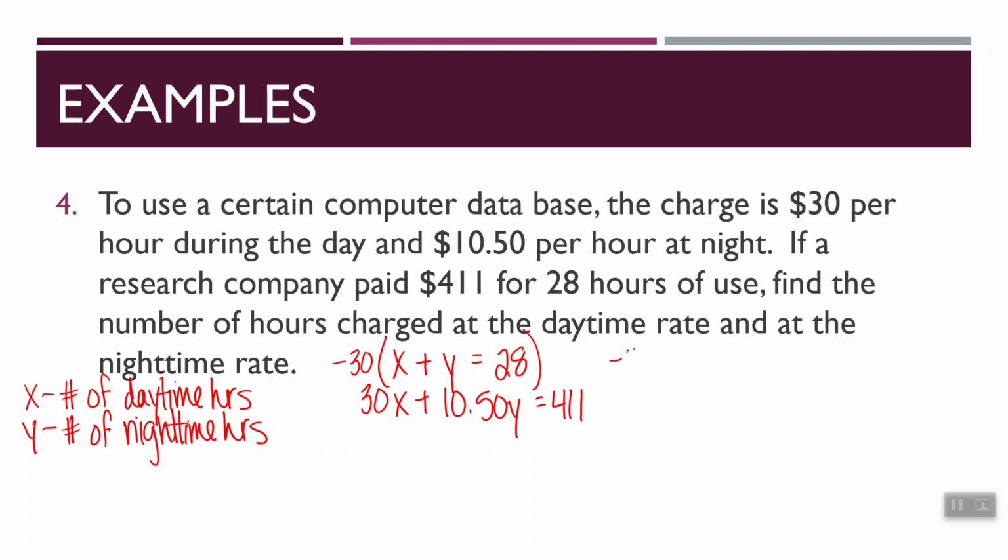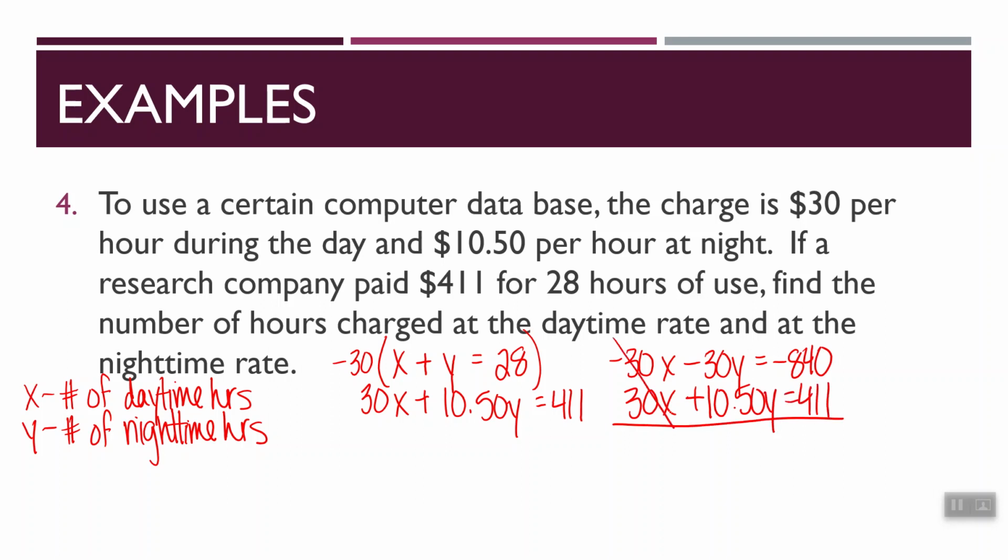So we get -30x minus 30y equals, I don't know what 28 times 30 is, -840. And then my second equation is unchanged. You just want to be really careful with your signs here. So the x's are going to eliminate. -30 plus 10.50 is -19.50y, and -840 plus 411 is -429.